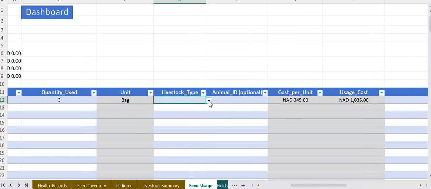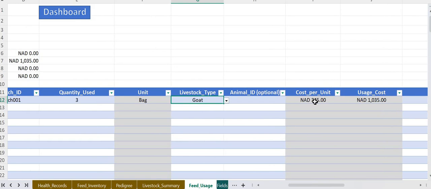So livestock type, because it now needs to know to what it must allocate this usage. And then you just say these are goats. And the moment you say goats, you see, the cost per unit is this, and the usage cost, this is what it actually costs you to feed these goats.